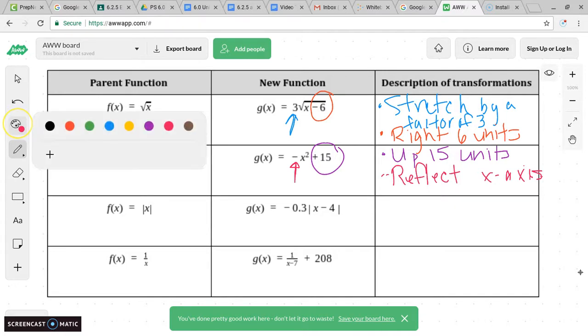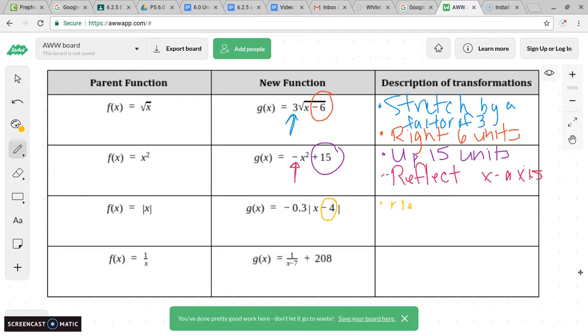For the third example, we actually have 3 different things that we need to talk about. One of them is the -4. So let's start there. It is inside the absolute value bar, so we think of them as inside parentheses. So we know that it's going to the right 4 units.